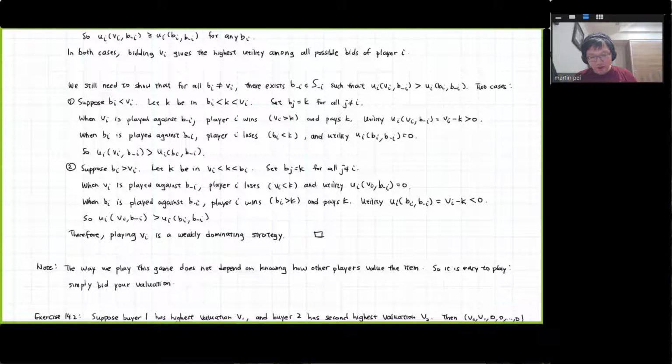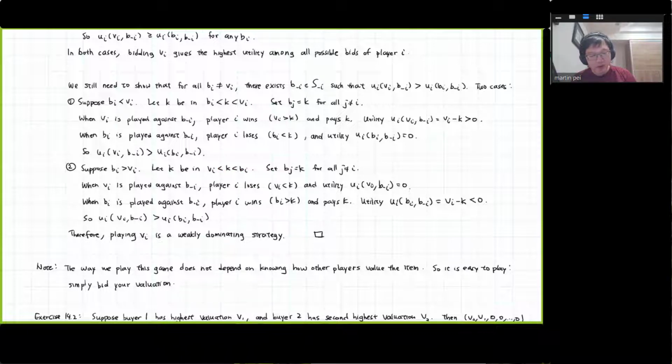So that is the first subcase. The second subcase is when you bid higher than your valuation. And the question is, can you actually lose utility by doing so? It's a similar case. You look at your valuation and the higher bid, and you pick a number between the two.